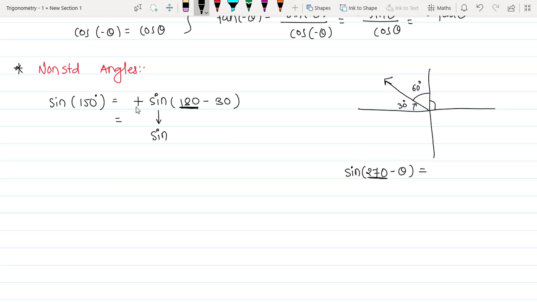Observe this first term, which is the 270. If I see only this 27, this 27 is what? Odd number. I am giving you the trick directly to remember the formula. This 27 is an odd number. So whenever you get an odd number like 270 or 90, your sine gets converted to cos. So this is how you get the formulas.